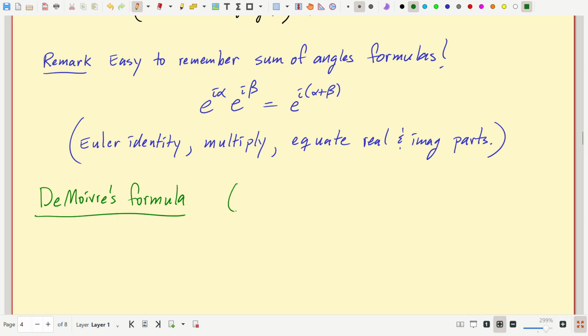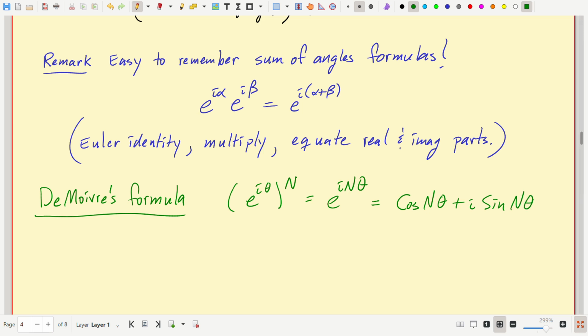And it is that e to the i theta, to the nth power, is e to the i n theta. This is the thing you used in high school to find nth roots of complex numbers. And that's, of course, cosine n theta plus i sine n theta.